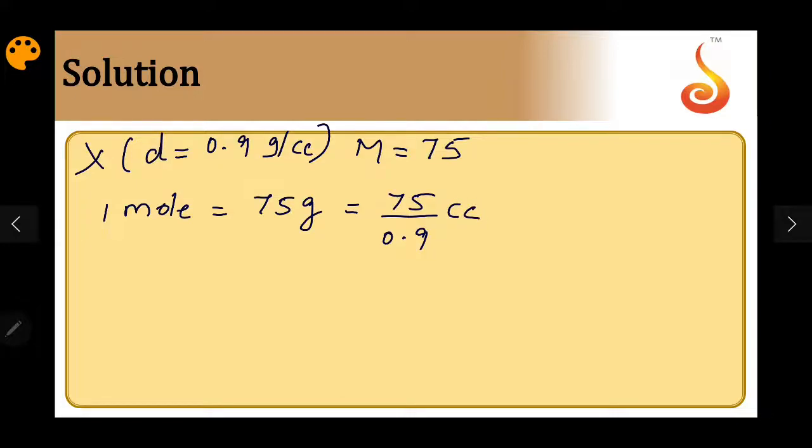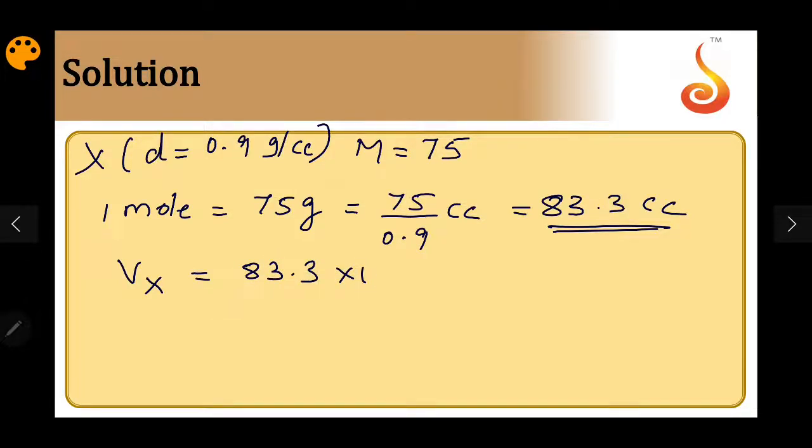So that comes to 83.3 cc. This is the volume of the liquid X. So when you vaporize it, the volume is increased by 3000 times. So volume of vapor X is equal to 83.3 into 3000 cc. If I want to convert it to liter, I have to divide by 1000.